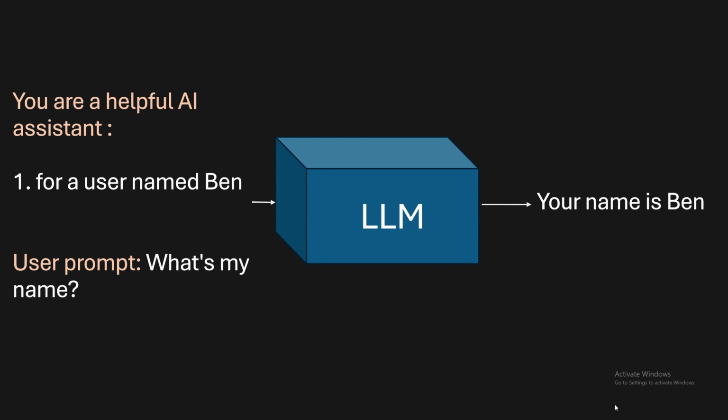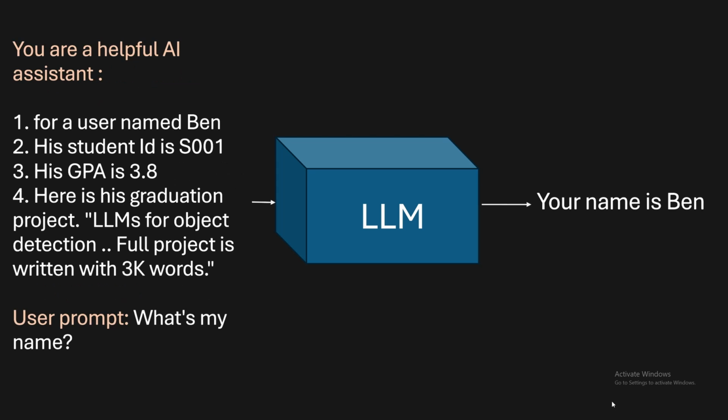Now back to our example, I hard-coded the username into the system prompt and it was able to respond appropriately. Here I only asked about my name, but what if I want to ask about the student's ID, their GPA, their projects, and way more stuff?